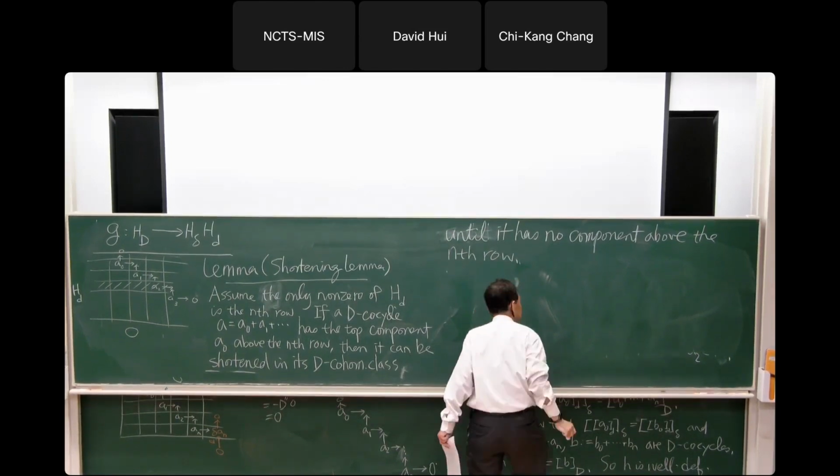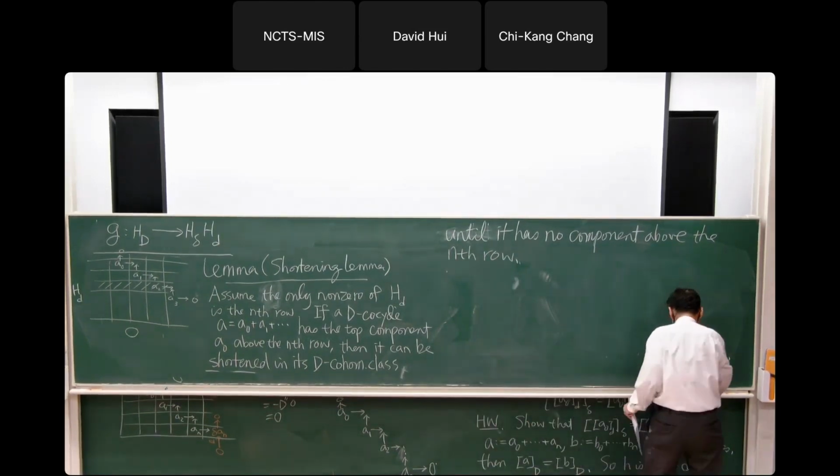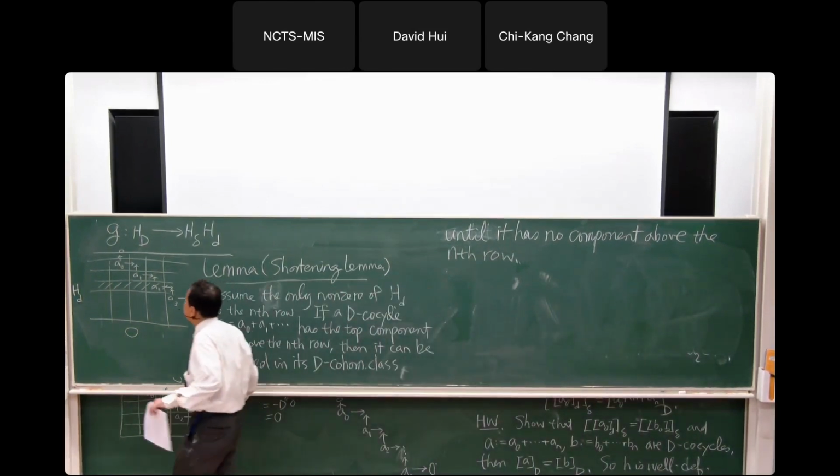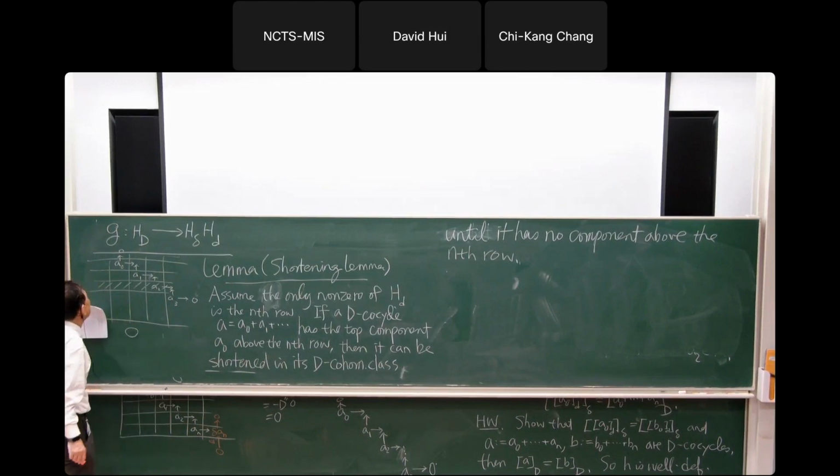Okay, so let's see how we do this. Again, if you just look at the picture, it should be easy. Why? Because we start with this picture, and this is above the nth row, so it has no little d cohomology.